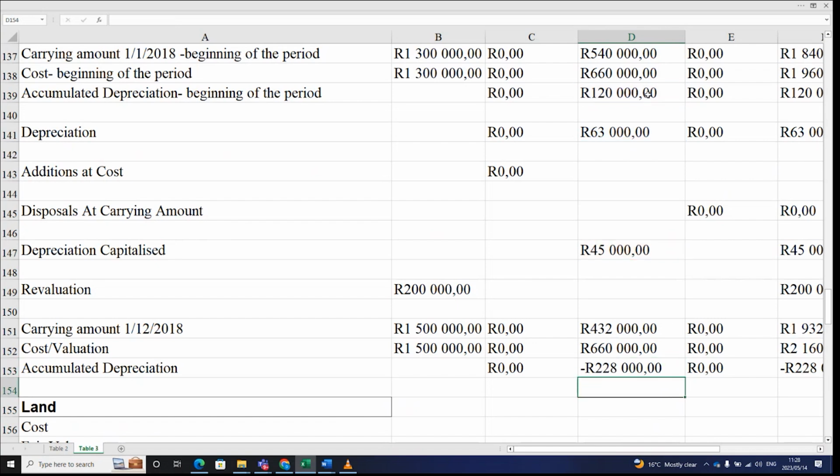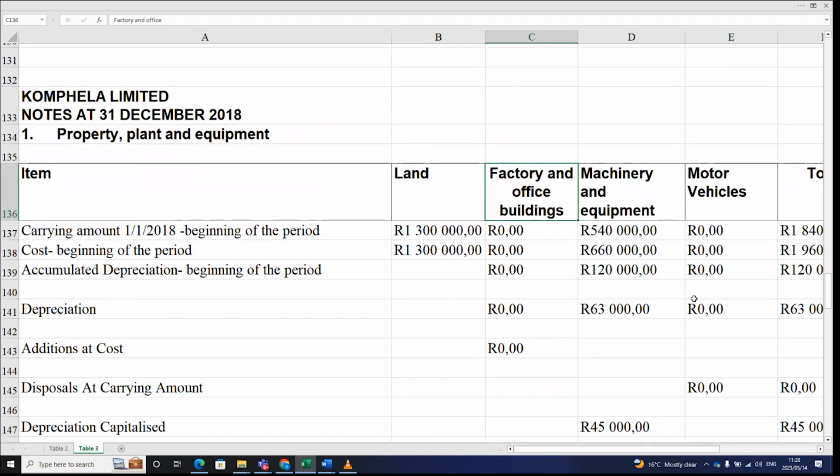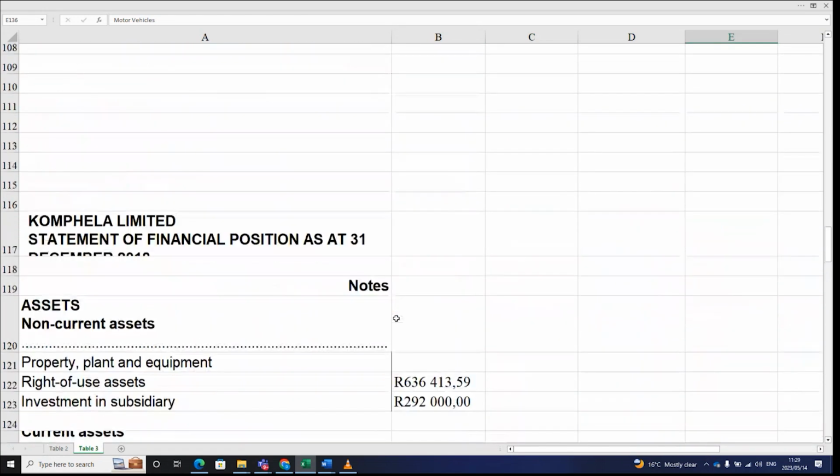That gives us 432,000. Just copy this formula across. Now we're done there. Then we can go on to the factory and the buildings, but for me the motor vehicles is a lot easier, so I can go there as well.